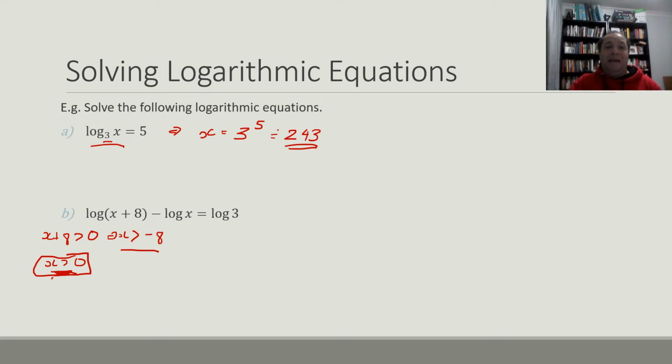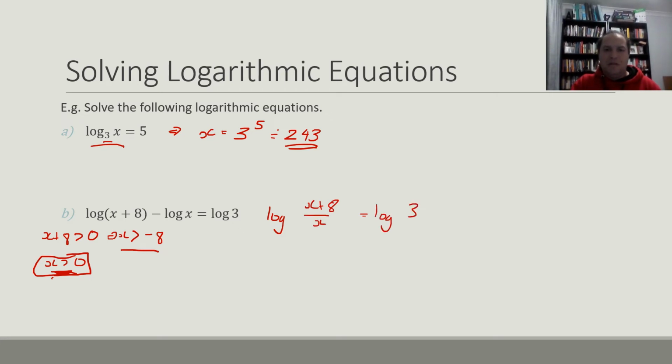That's our domain. Looking at solving this, we can use our log law here. Subtracting our logs means we can divide our values.